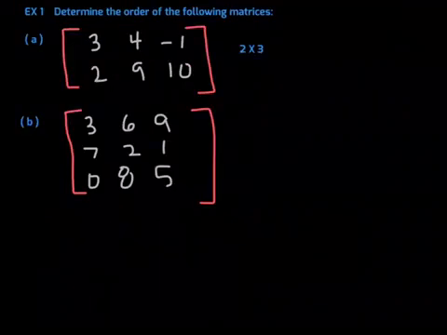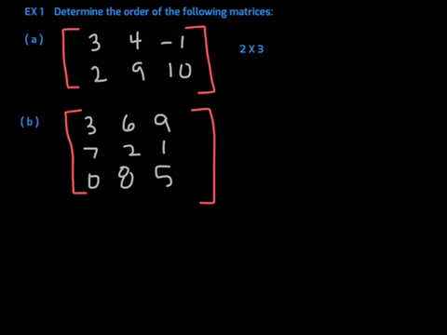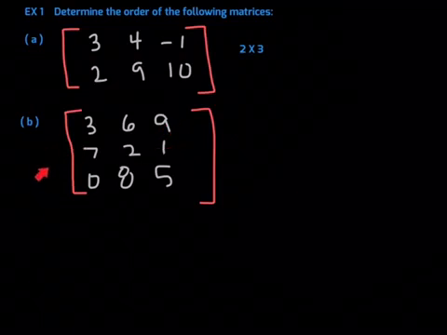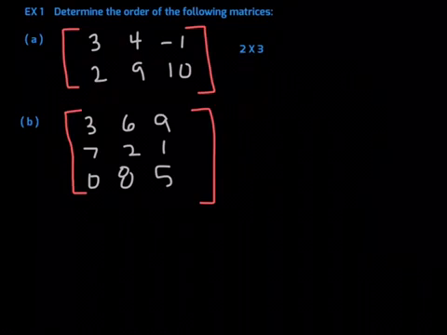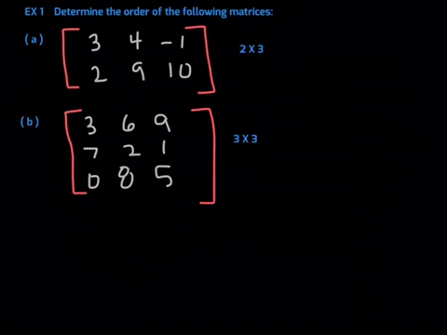All right, here's our brand new matrix. To determine the order of this matrix, all you have to do is count how many rows. 1, 2, 3 rows, and 1, 2, 3 columns. So this matrix is a 3 by 3 matrix. Now, notice that the number of rows is exactly equal to the number of columns.